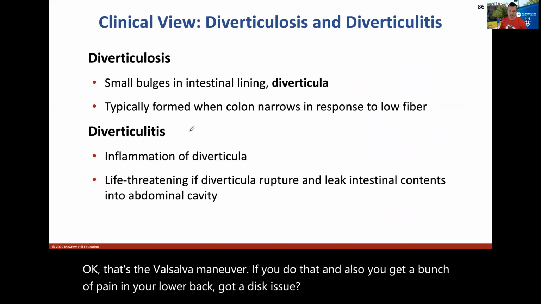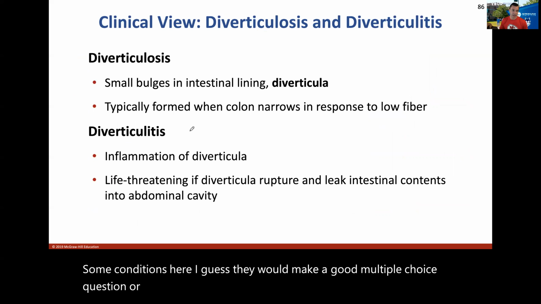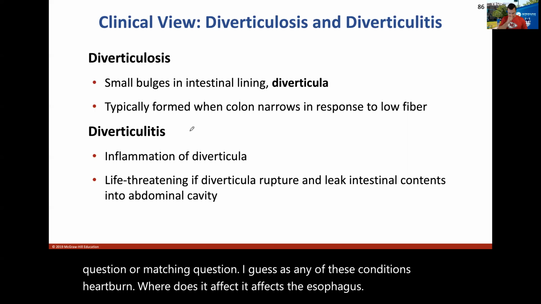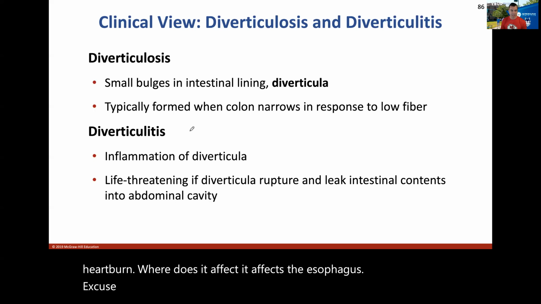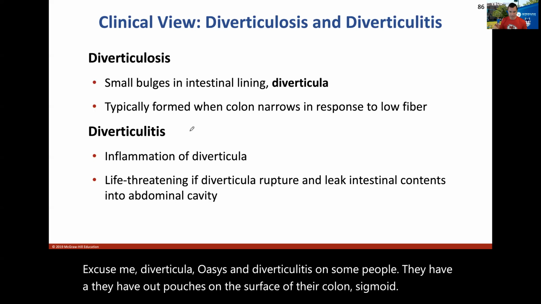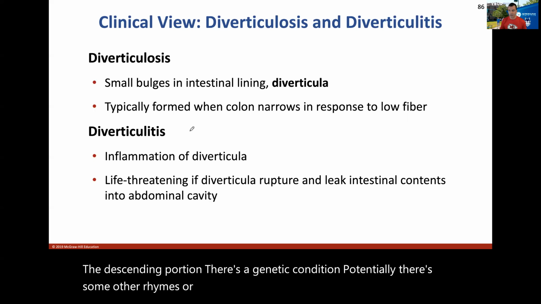Some conditions here would make a good multiple choice or matching question. For any of these conditions, like heartburn, what does it affect? It affects the esophagus. Diverticulosis and diverticulitis: some people have outpouches on the surface of their colon, the sigmoid and descending portion. There's potentially a genetic condition. There are some other possible reasons, but they don't 100% know why.